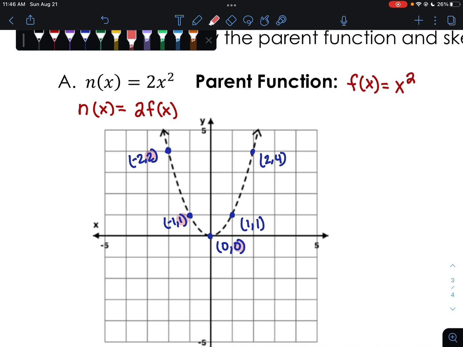I'm going to highlight all of the y values that we're going to multiply by 2. So 0 times 2 stays 0, so that stays the same point. But here, 2 times 1 is 2, so my new point is going to be 1, 2. Same thing happens over here with -1, 1. We take that 1, multiply by 2, and get -1, 2.